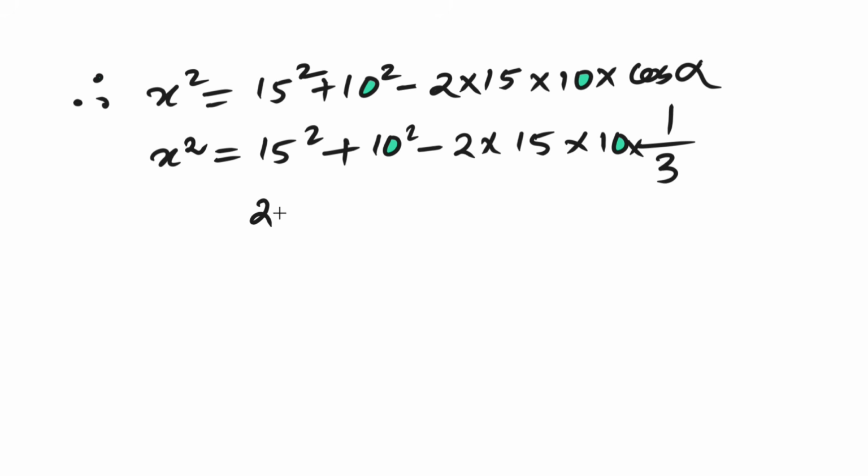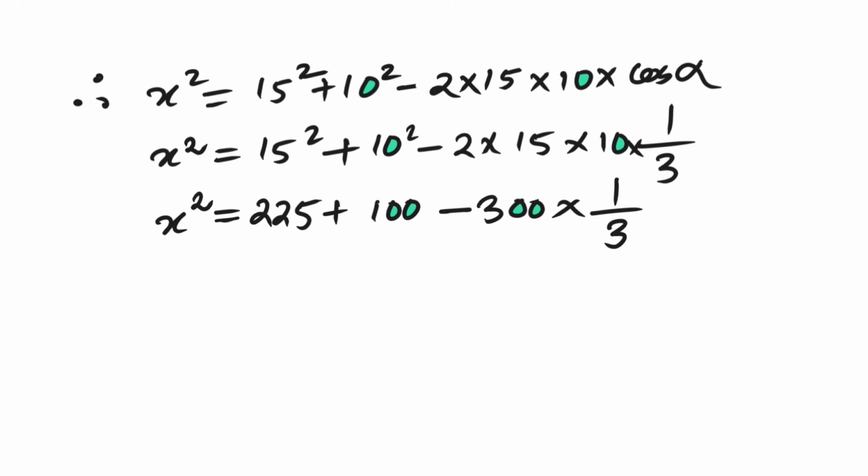15 squared is 225, and 10 squared is 100. Also, 2 multiplied by 15 multiplied by 10 equals 300. So we have x squared equals 225 plus 100 minus 300 multiplied by 1/3. 300 multiplied by 1/3 is 100.